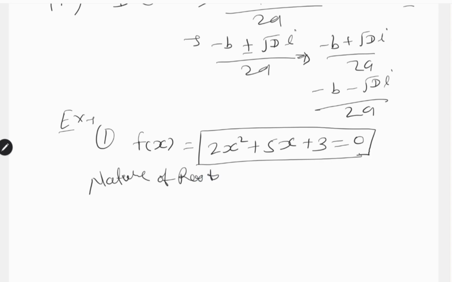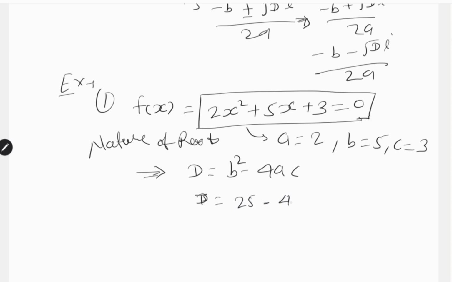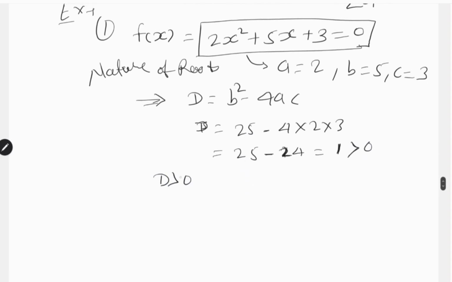D = b² - 4ac, where a = 2, b = 5 and c = 3. Putting in the values: D = 25 - 4 × 2 × 3 = 25 - 24, so D is 1. 1 is greater than 0, so D is greater than 0.